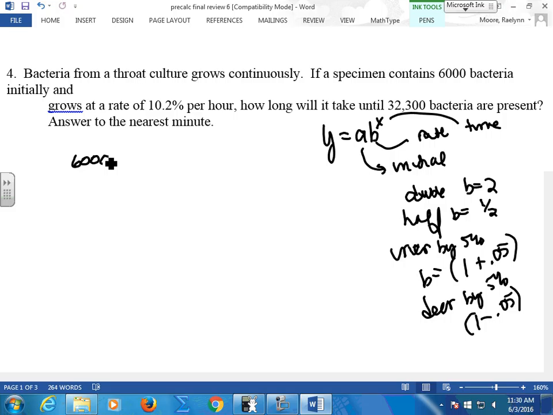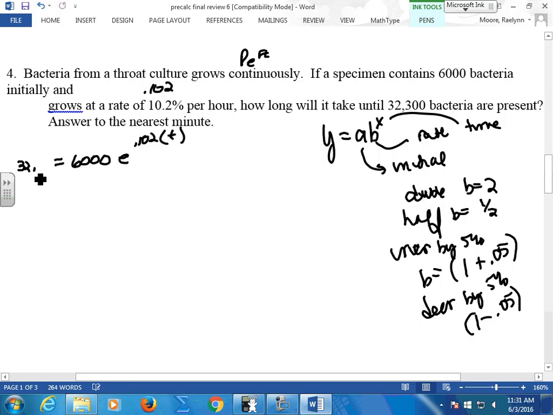So continuously is always per. But just remember, you'll need this for the rest of it. So 6,000, base E, flip this to a decimal, and then my time. I don't know my time, and this has to end up being 32,300.